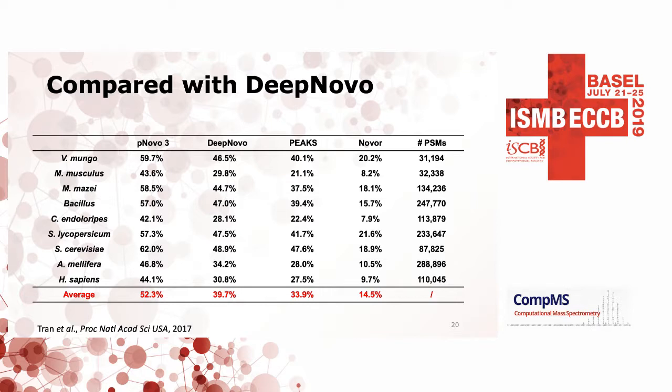As the traditional spectrum graph approach has been widely used in the past decades, it may be more mature. So we use such a 2-step workflow. First, we use pNovo, and then we extract more features to train a more powerful scoring function in pNovo 3.